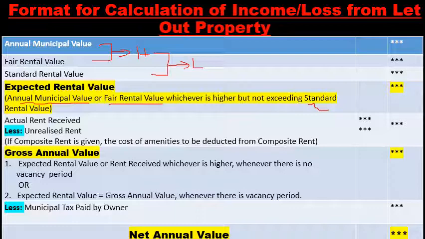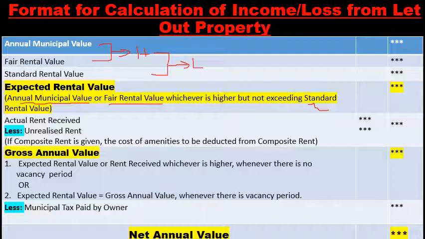The rent which includes the cost of other facilities, other amenities, is called a composite rent. The rent of the building which includes the cost of the other facilities also, such rent is called a composite rent.